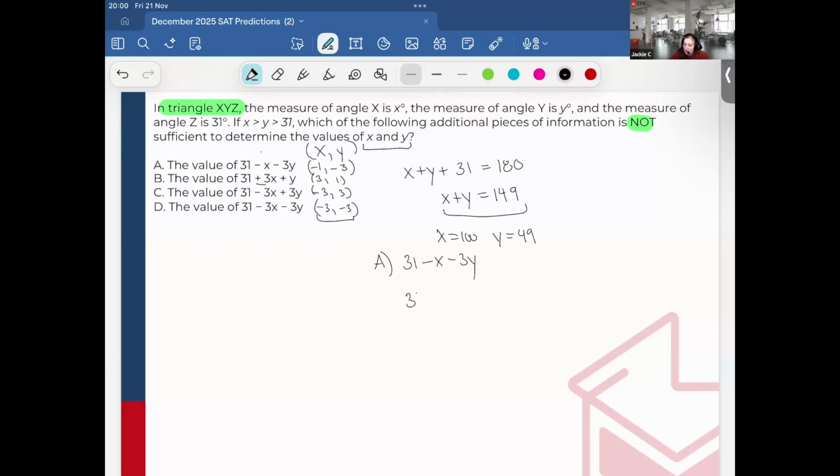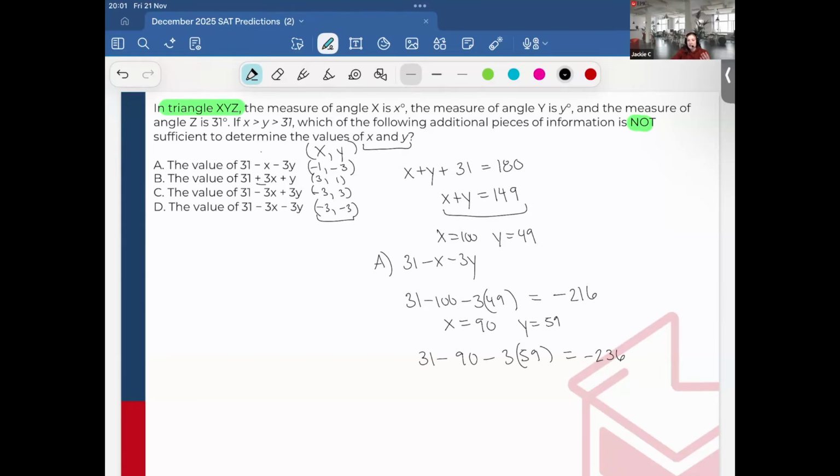I can substitute 31 minus 100 minus 3 times 49, and that's going to be equal to negative 216. So I get a value. I can also say x is equal to 90, and we'll say y is equal to 59. And if I do that, I will also get a unique value, which would be equal to negative 236.